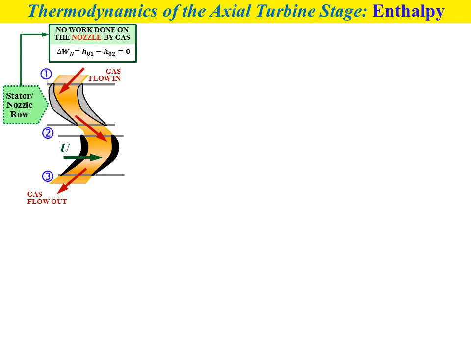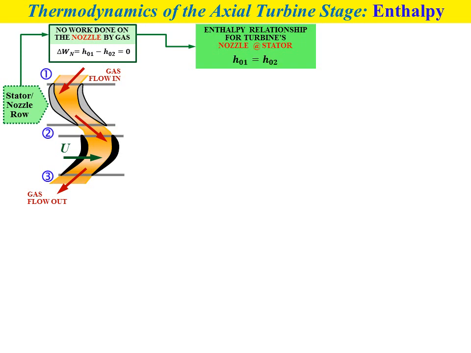In terms of formula, delta Wn, the work done for the nozzle, will be equal to the stagnation enthalpy difference H01 minus H02, which equals 0. So in terms of the enthalpy relationship for the turbine nozzle or stator, we will have stagnation enthalpy at condition number 1 equal to stagnation enthalpy at condition number 2.